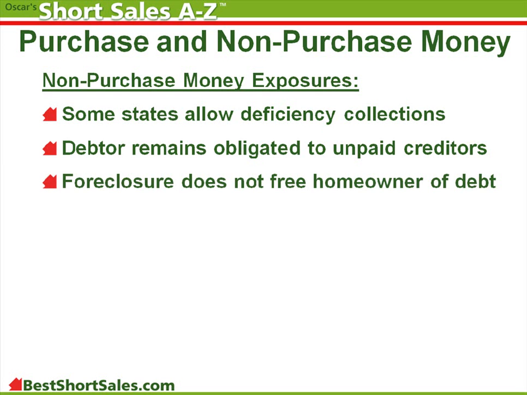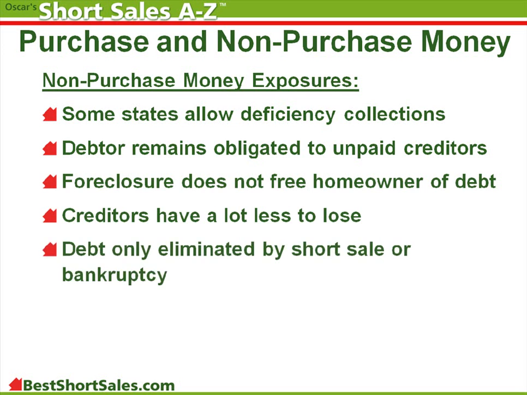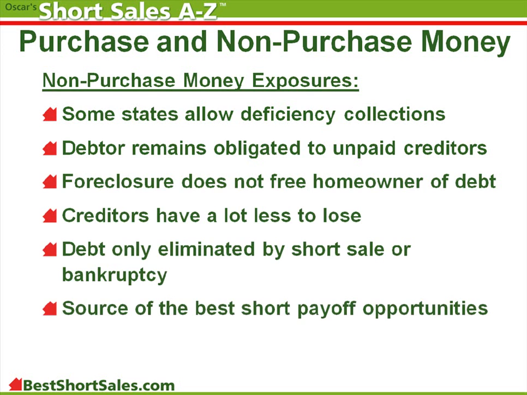Foreclosure does not free the homeowner of debt. Although it can be very hard to collect, creditors have less to lose and more options. Non-purchase money debt can only be eliminated by short sale and bankruptcy. Because of this, non-purchase money defaults are the source of the best short payoff opportunities. This brings us to the subject of deficiencies.